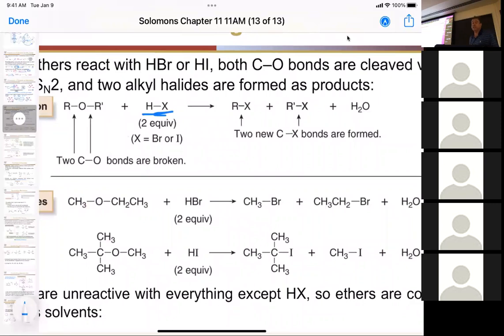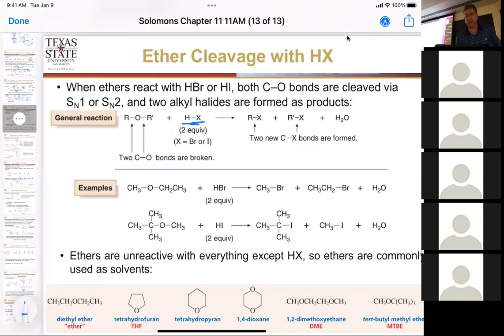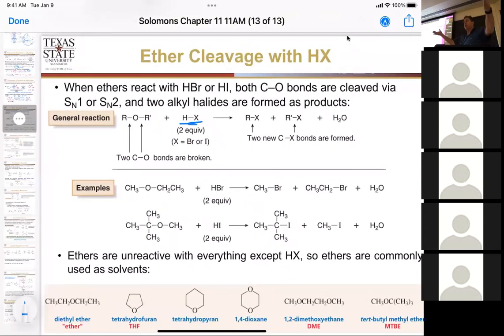The first step is to clip the bond, creating an alkyl halide and giving you an alcohol. And then the second step is an acid catalyzed dehydration of the alcohol, or acid catalyzed substitution, to give you the second equivalent of your alkyl halide. So this is great if you have a symmetrical ether. You get 2 equivalents of alkyl halide out of it.